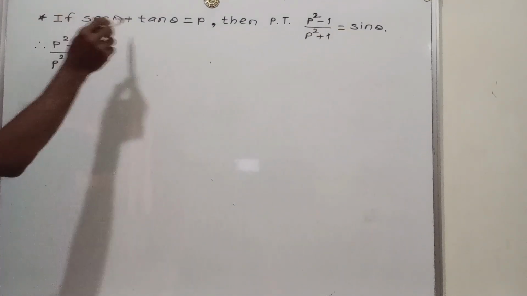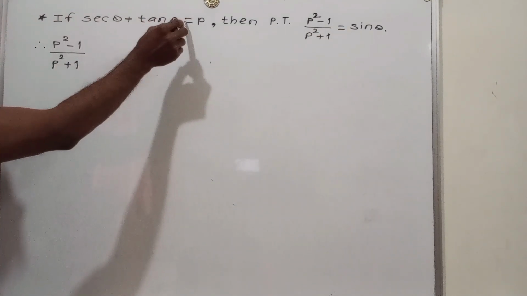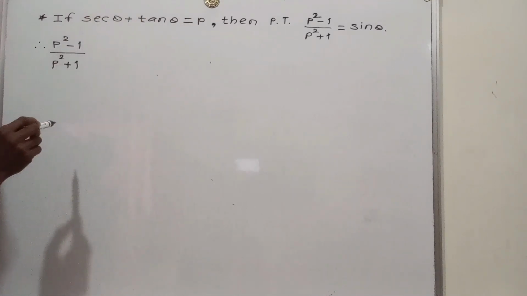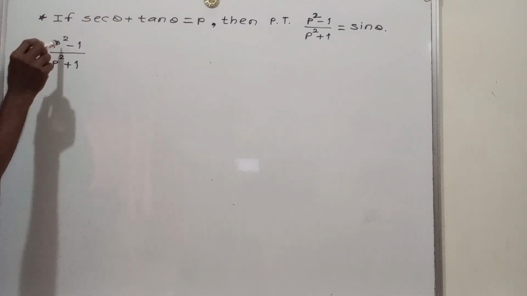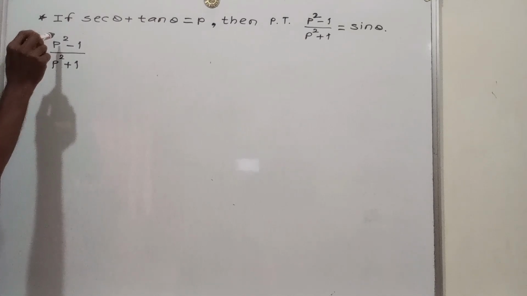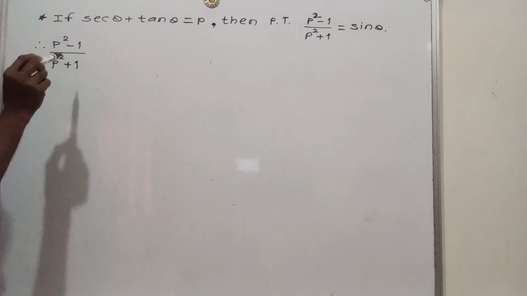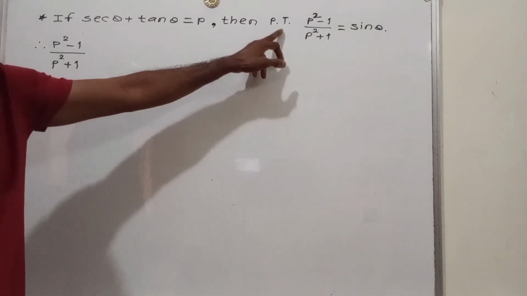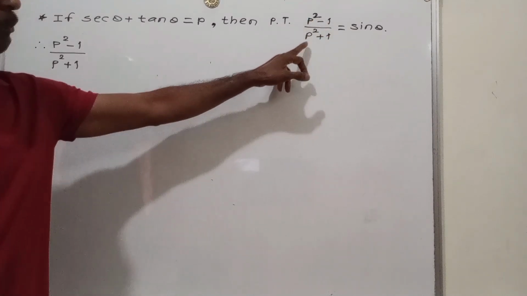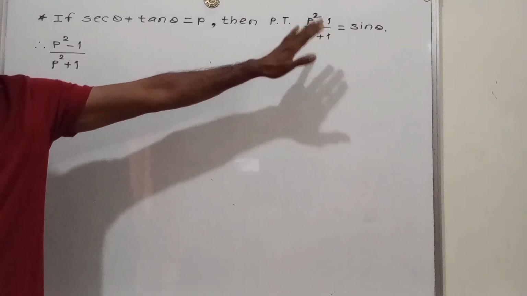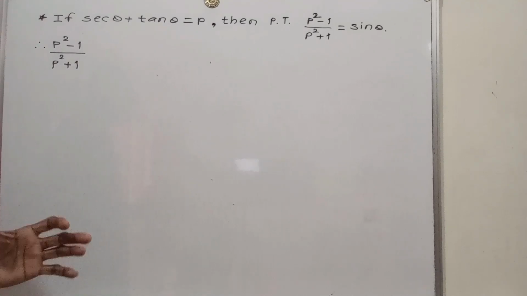Now we have the given value of P. P is equal to sec theta plus tan theta. We substitute the value of P in the numerator and denominator. See this carefully. We want to prove that P square minus 1 upon P square plus 1 is equal to sine theta.